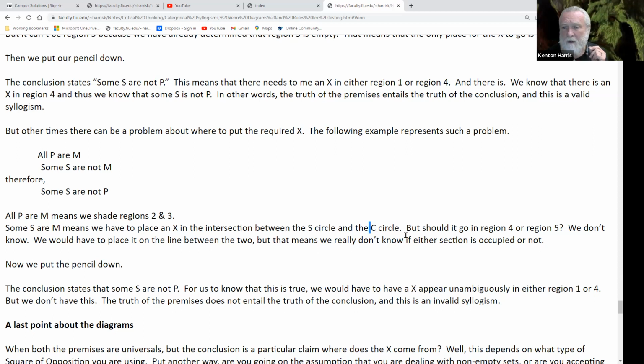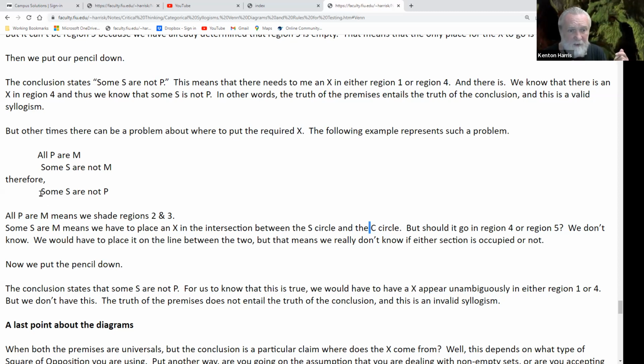But should it go in region 4 or should it go in region 5? Well, we don't know. So we'd have to place it on the line between the two regions. But that means we really don't know whether either region is occupied or not.